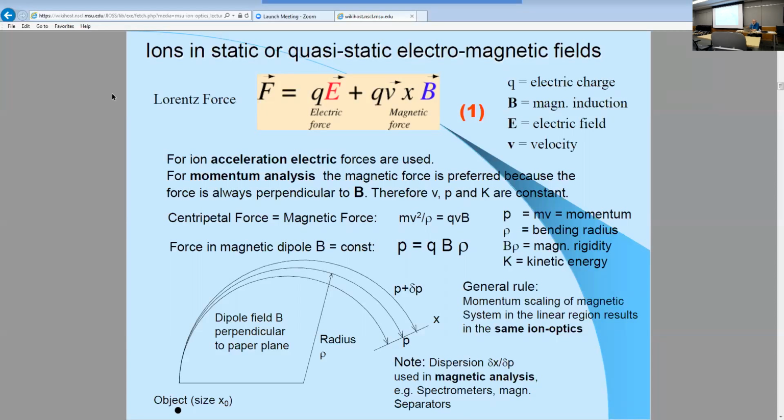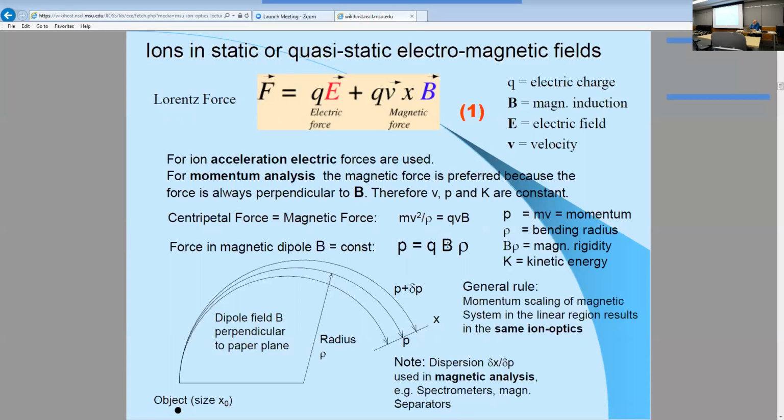If you look at the dipole field, and here in this region there's a dipole field perpendicular to the plane, then the particles will go on a radius, which you can easily see by setting the magnetic force, which is perpendicular, equal to the centripetal force. Then you get that the momentum is proportional to B times the radius.